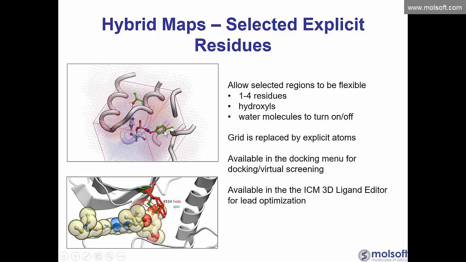So just to be careful, you need to select 3 or 4 residues, or you could just choose to select all hydroxyls, which will turn, and you can sample those, or you can choose water molecules. But yeah, this is one approach. So this is available in the docking menu as well as in the Ligand editor.